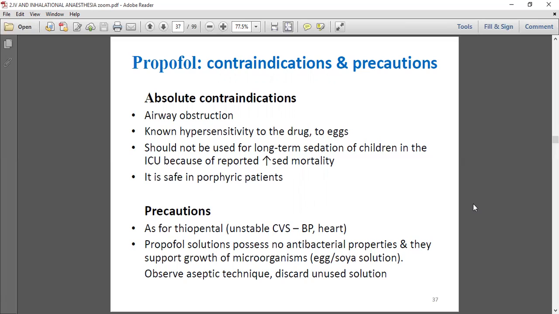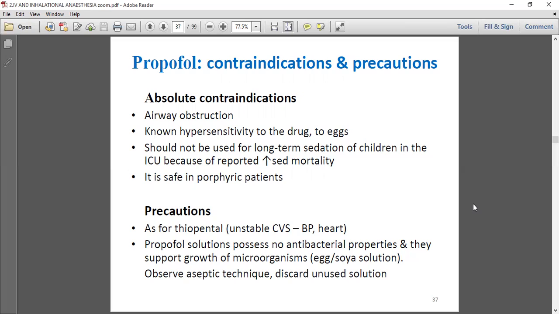It is safe in patients with porphyria. Remember, we said we don't give a certain drug in patients with porphyria. Like, the hemoglobin molecule is made up of porphyrin rings, right?